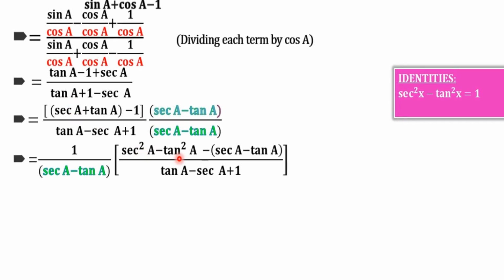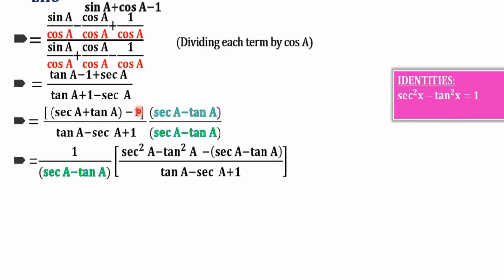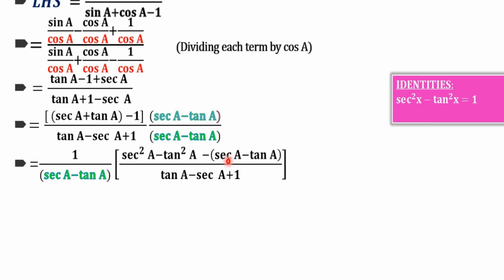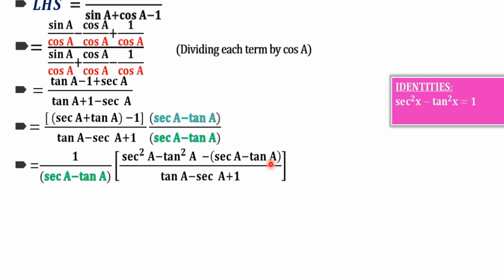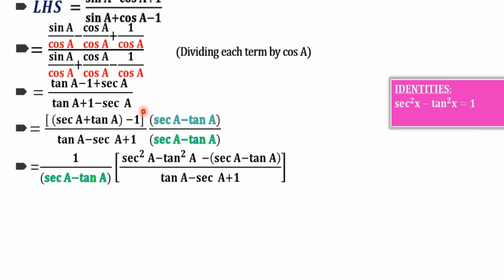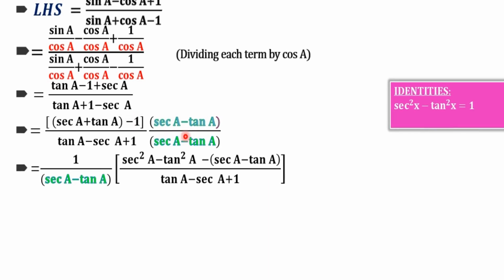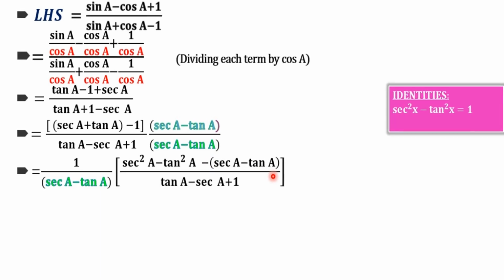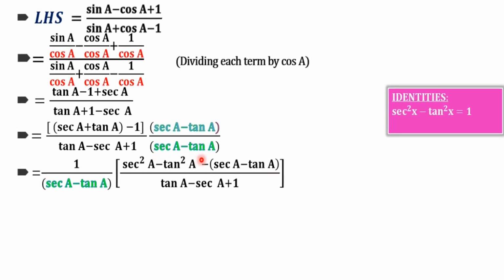So we will get sec square A minus tan square A here. Now, minus 1 into (sec A minus tan A) will give minus of (sec A minus tan A). So we get our numerator like this.